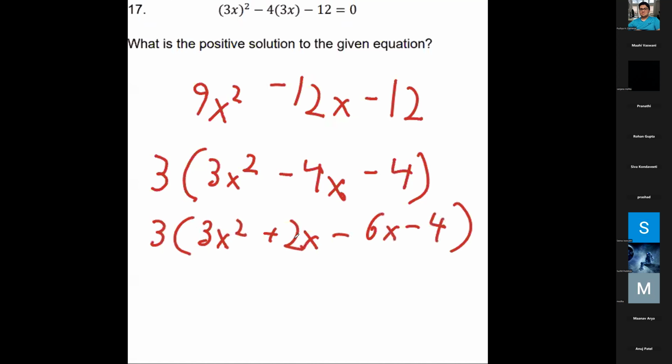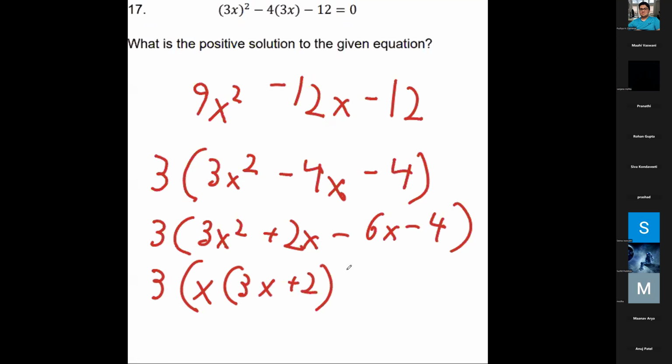So basically I just did plus 2x and minus 6x, which is the same thing as minus 4x. And then, well, we can factor out x from this part. So that would just be x times 3x plus 2.